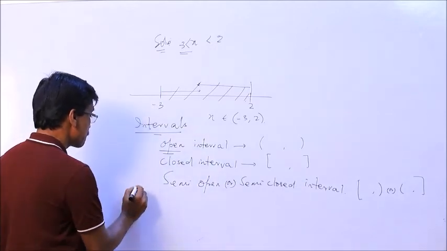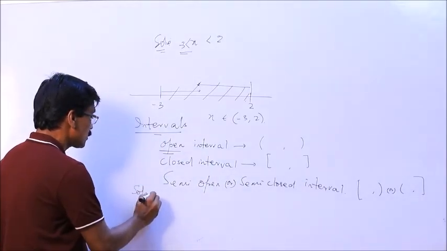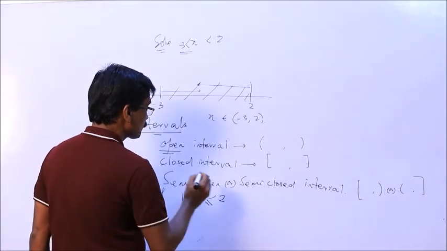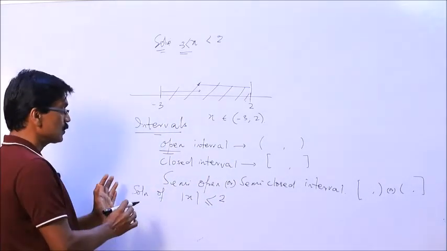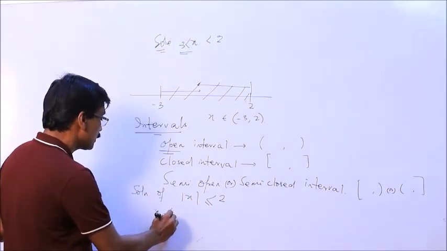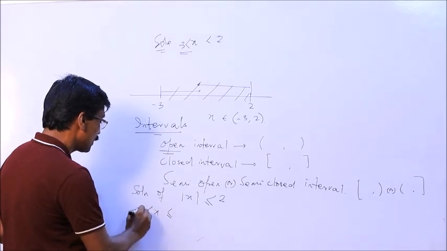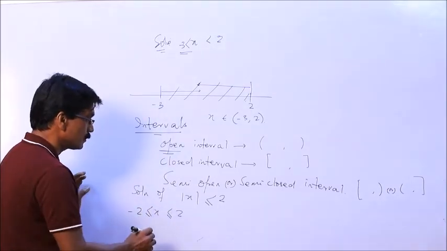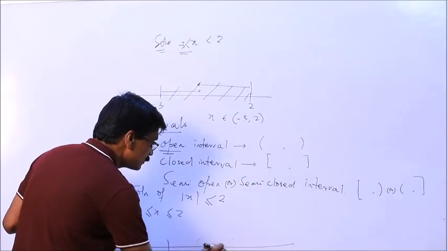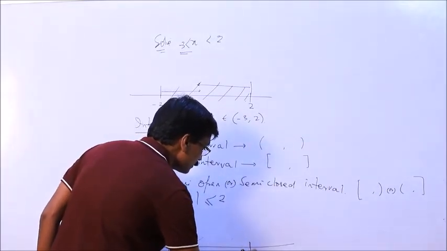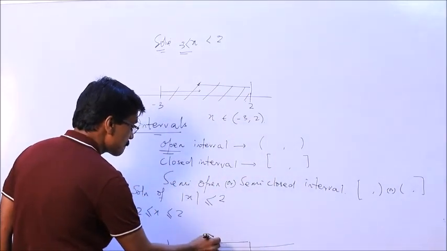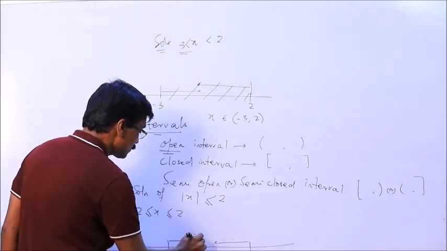Take the solution of mod x less than or equal to 2. If we omit this modulus sign, then x lies between minus 2 and 2. So, x less than 2 and x greater than minus 2.